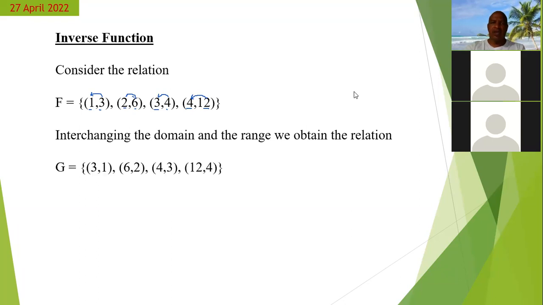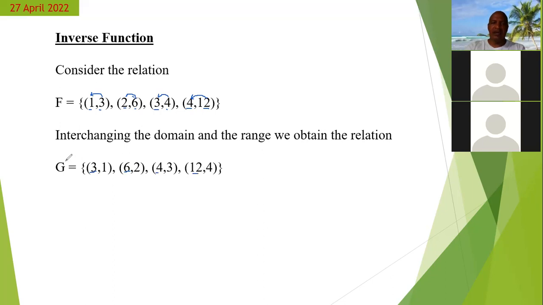If you look at this function g, you will clearly see the interchange. What were the y values of f now become the x values, what we call the domain values, in the inverse function.